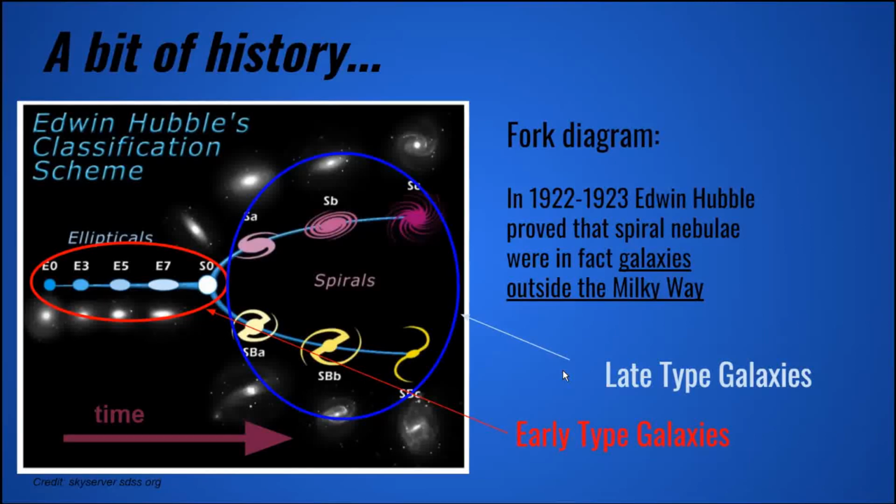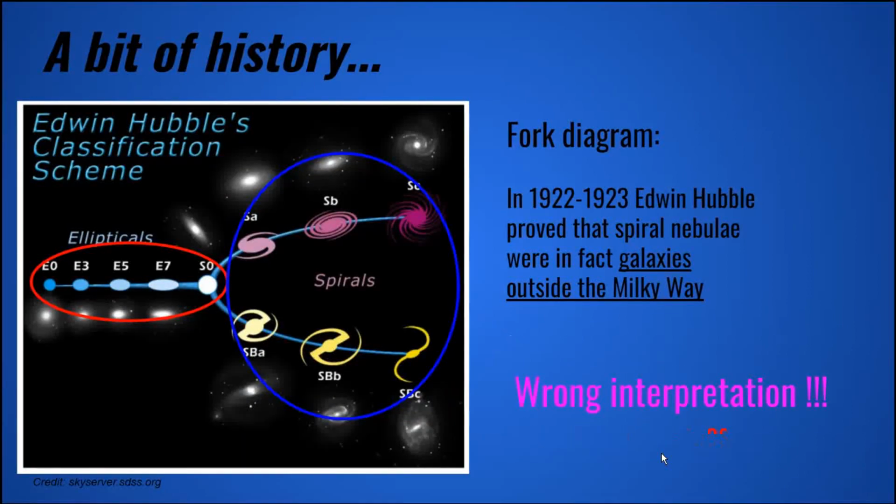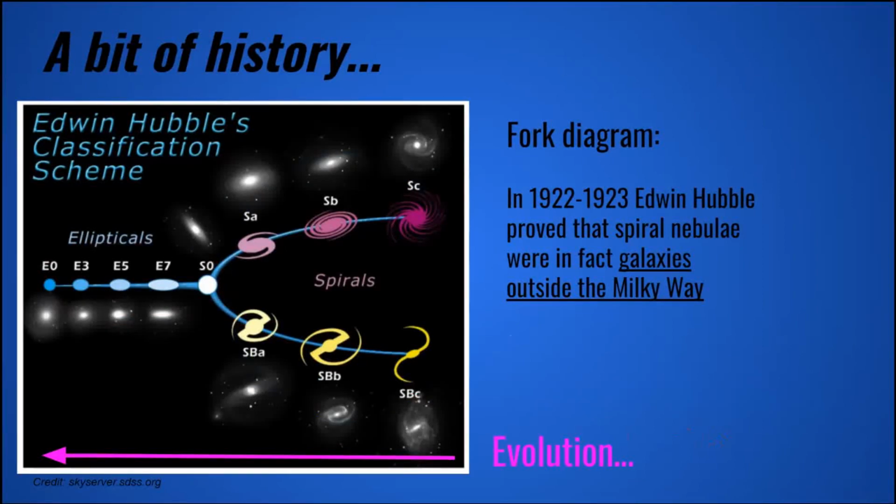And so they called spiral galaxies late type galaxies, and ellipticals early type galaxies. These names are still used today, despite us knowing that this was completely wrong. And actually, galaxies evolve in the other direction. So we got spirals forming first, and then through going through mergers and other events, they turn into ellipticals.